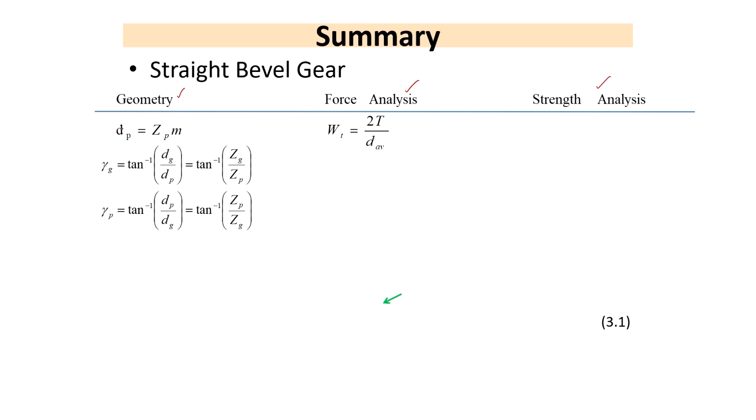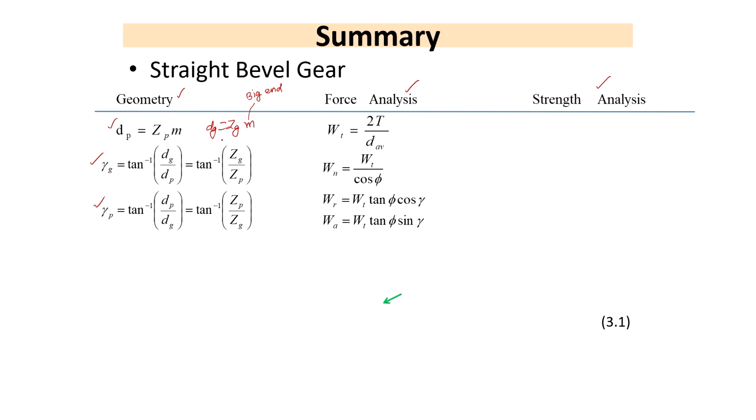So, these are the geometrical parameters. That means, we must know the pitch circle diameter of the pinion, the pitch circle diameter of the gear, and that will be ZG multiplied by the module. This module corresponds to the big end of the gear. Then we must know the pitch cone angle of the gear and the pitch cone angle of the pinion.